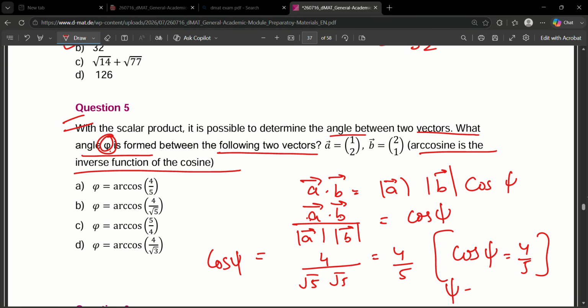What is the inverse of cosine? You just have to take cos inverse on the right hand side, which results in the inverse trigonometric function. So arc cosine is basically the inverse of cosine. So basically the answer is 4 by 5. Option A is correct over here.